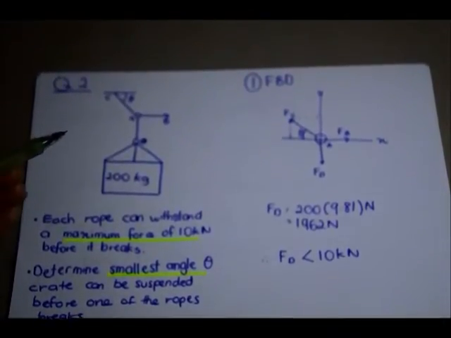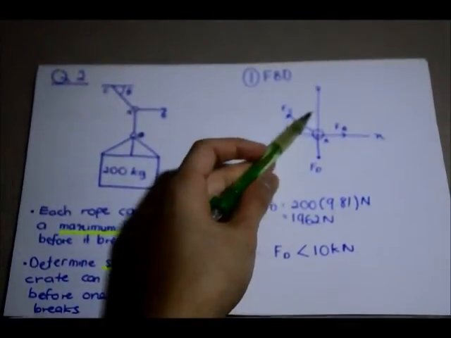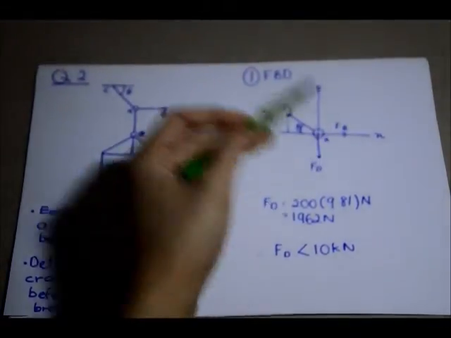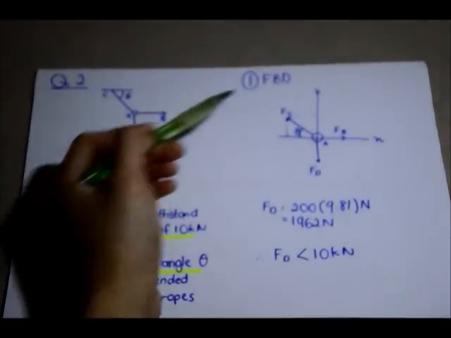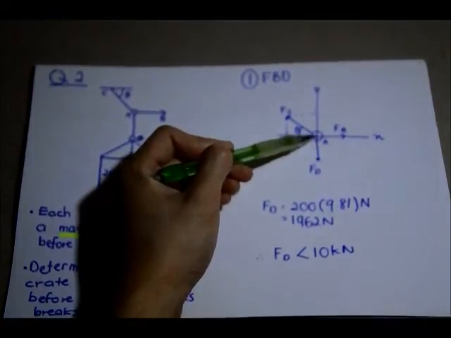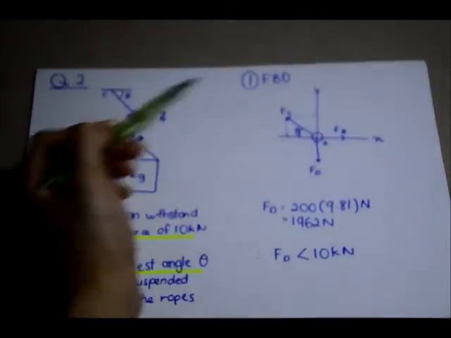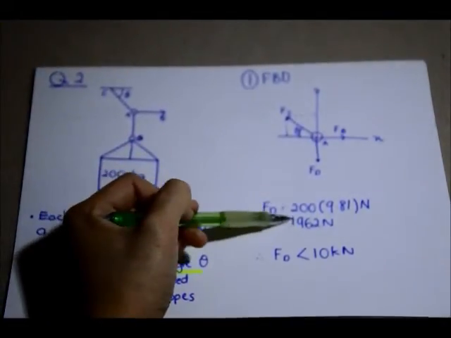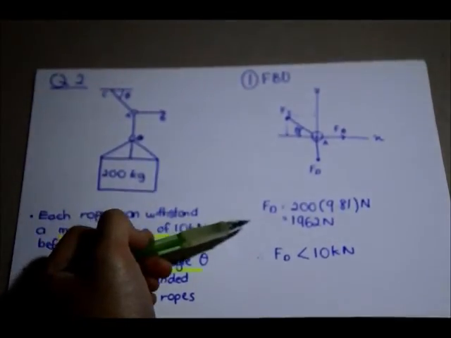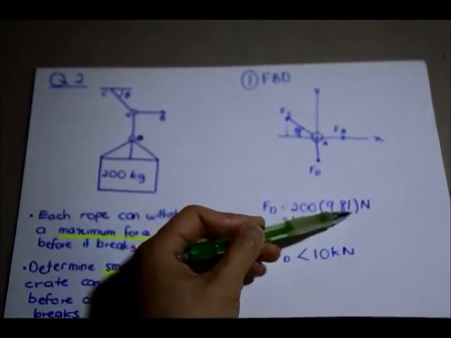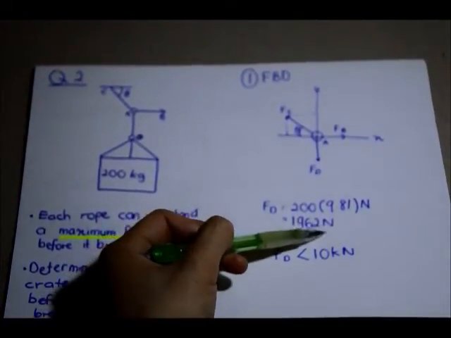Now, as usual, the first step that we need to do is to draw a free body diagram. In this free body diagram, we will study the equilibrium of ring A. There are three forces acting on it, which are Fc, Fb, and Fd. The magnitude of Fd is equal to the weight of this crate, which is 200 times 9.81, which gives the answer of 1962 Newton.